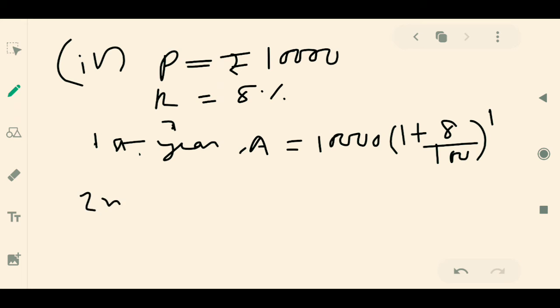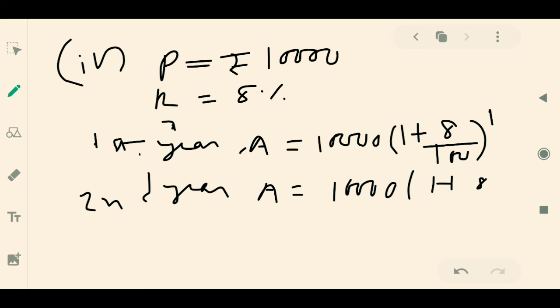Then for the second year it will increase more: 1 plus 8/100 to the power 2. That means it is increasing, but not in the same way. The common difference is not the same because the power is increasing.